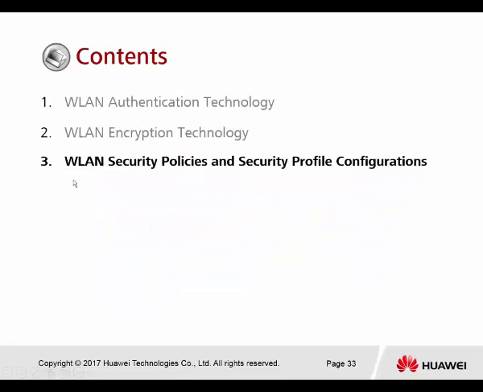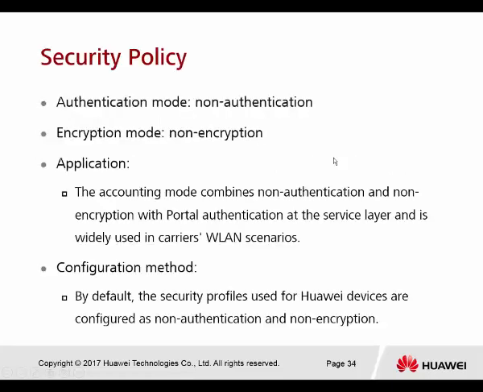Okay, and the last one, WLAN security policy and security profile configuration. So this is the configuration. The first one, the authentication mode, is non-authentication. When the authentication is no authentication, of course, at the same time they are also not doing any encryption.